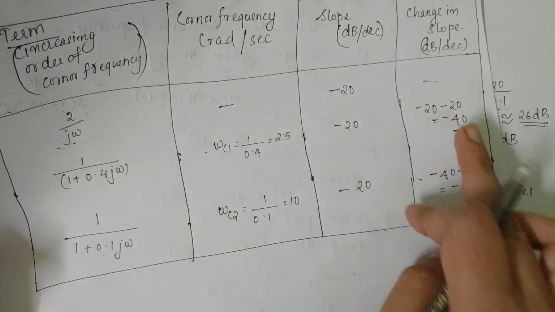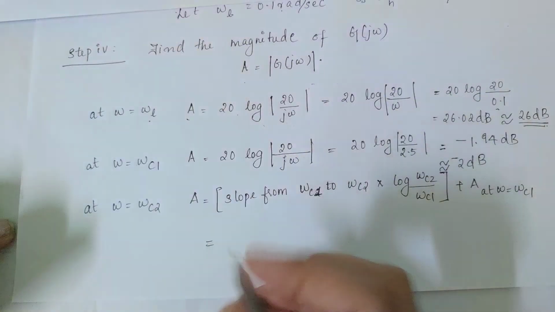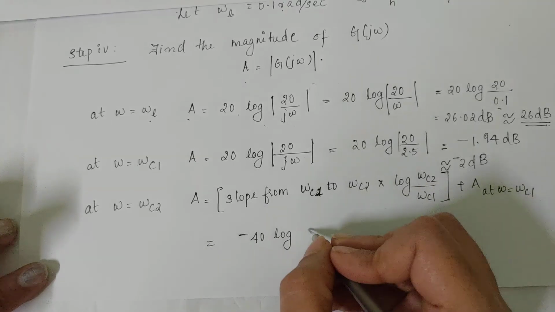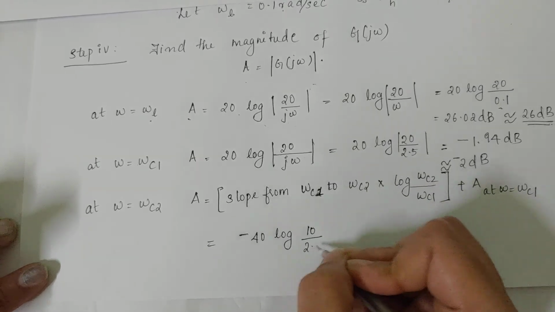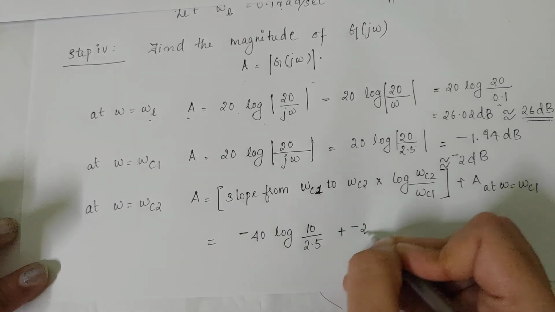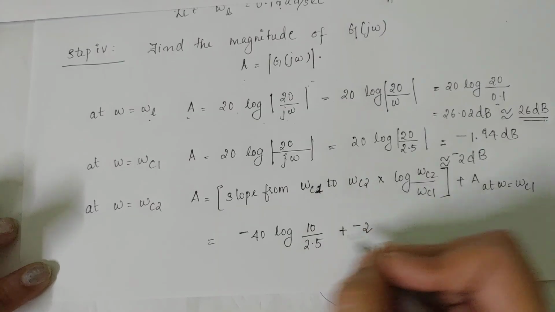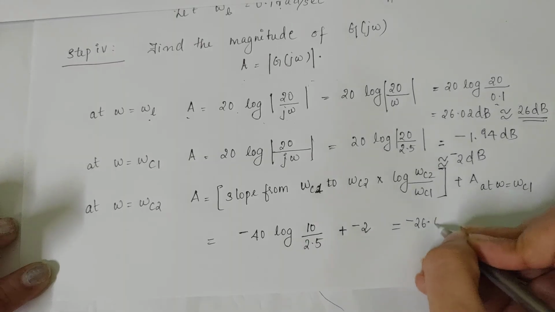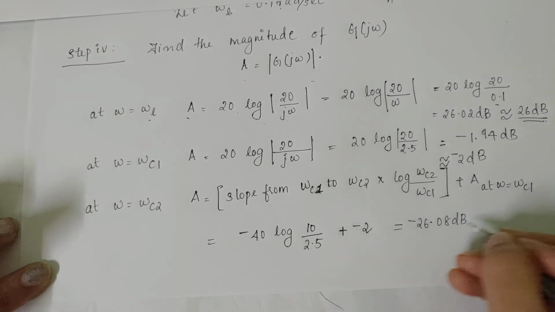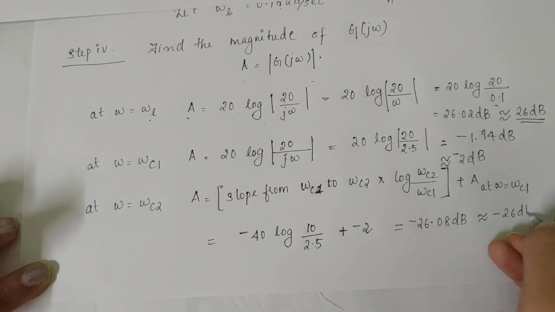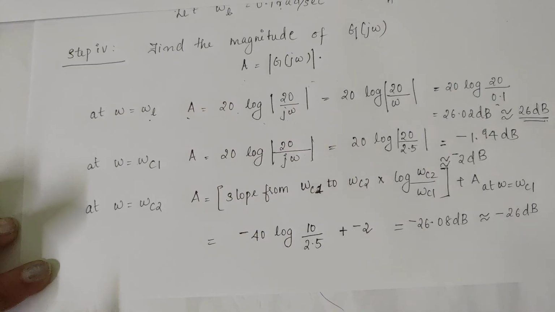So, from omega C1 to omega C2 I should take the slope as minus 40. So, minus 40 log omega C2 is 10 and omega C1 is 2.5, plus minus 2 dB. Okay. So, I will get minus 26.08 dB, which is approximately equal to minus 26 dB. Okay.